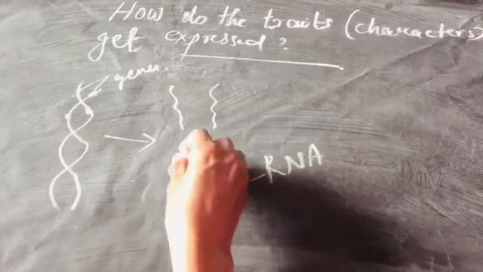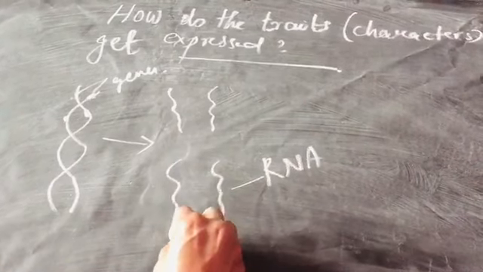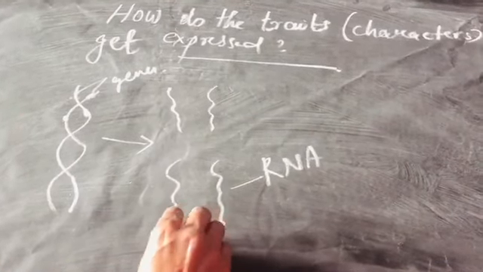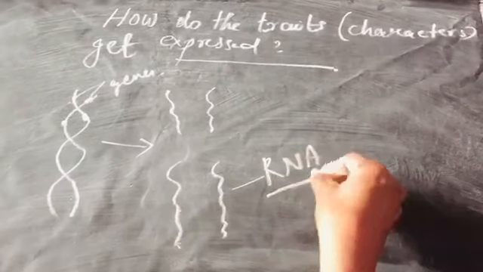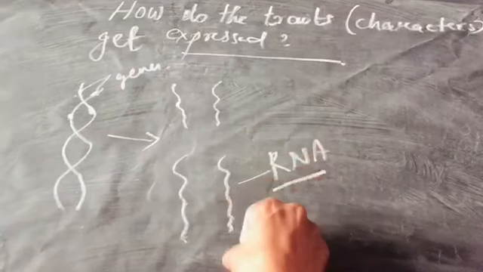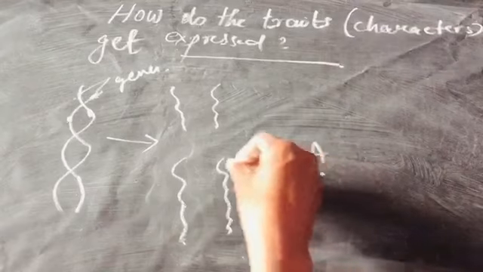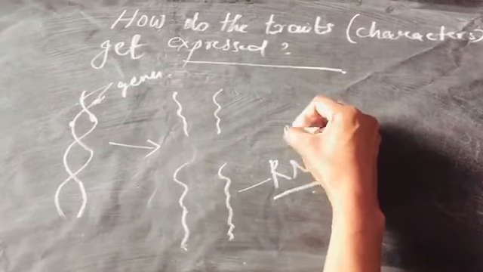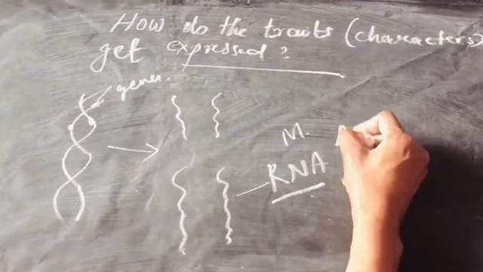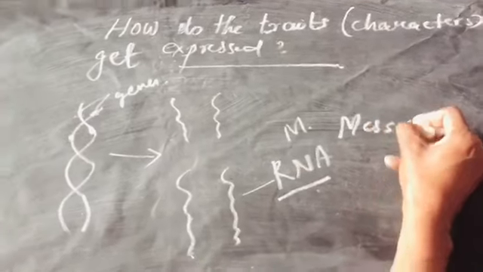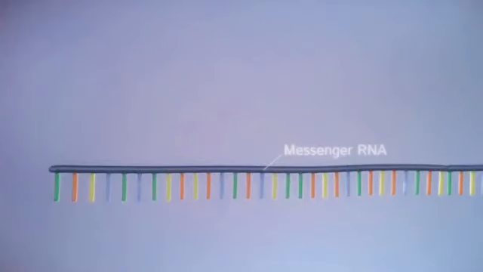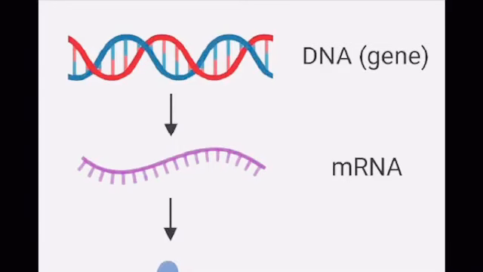So according to the coded information in the gene, an RNA is made. This RNA is known as mRNA or messenger RNA. Let me tell you, these are not needed for the board exam, but it's better you understand this. mRNA is made according to the instructions in the gene.